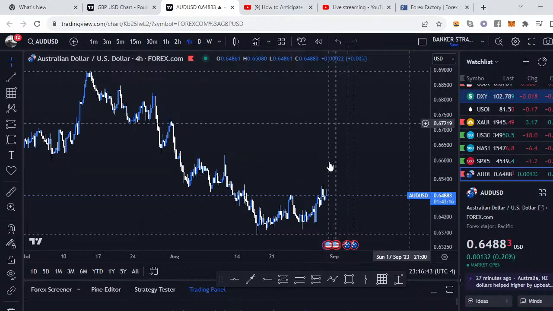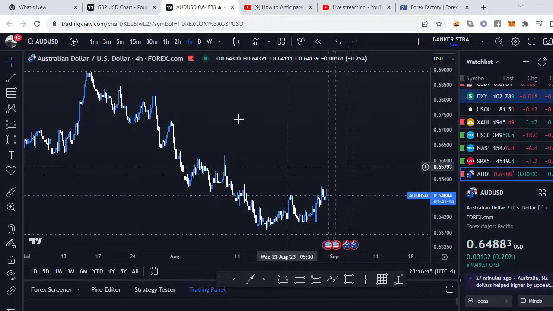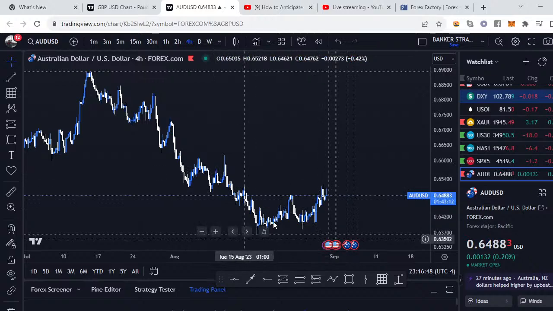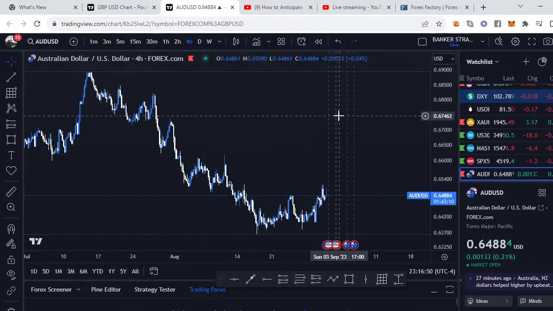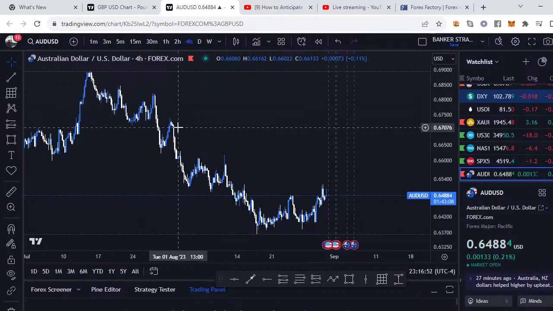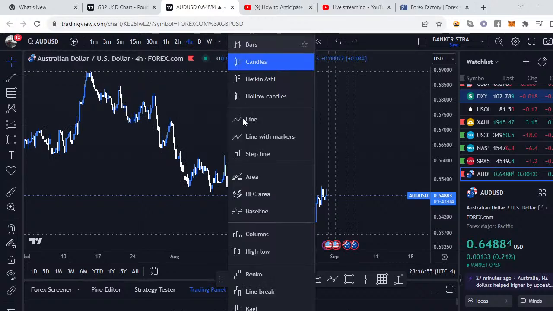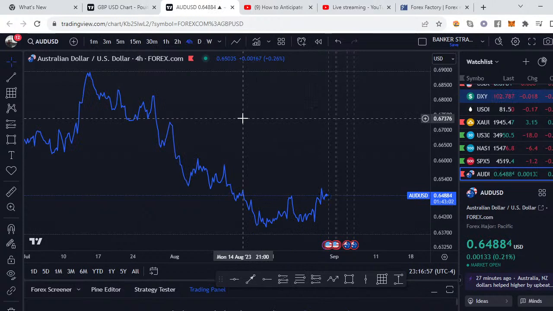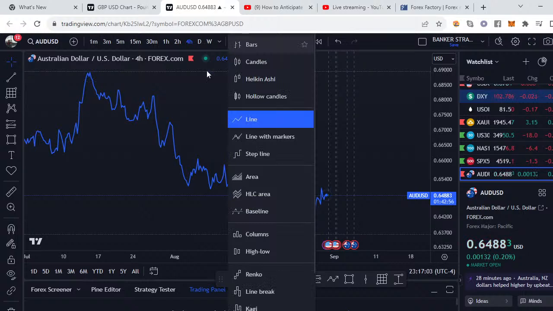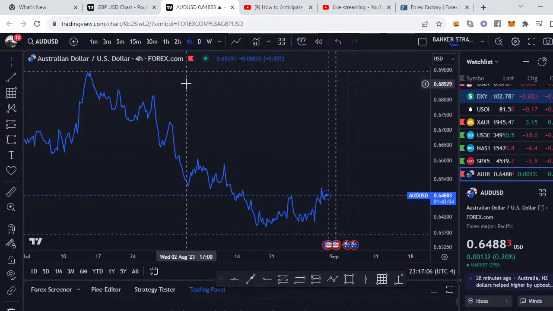If the dollar is going down, that means anything versus the dollar is going up. We could change the graph to any type of thing. We could change it to the line. It's still going to be the same. Matter of fact, I should just put it as the line right now, so you don't feel overwhelmed.